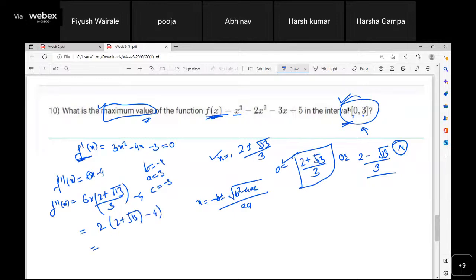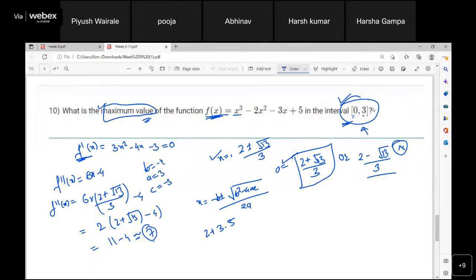Under root of 13 will be around 3 point something, say 3.5 or so. So I will get 5.5, and say 11 minus 4. Approximately I'm getting near to 7, right? So just try to find what is the value of under root 13.